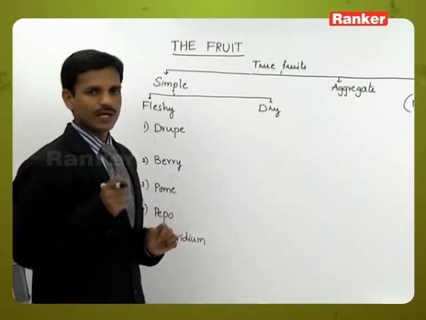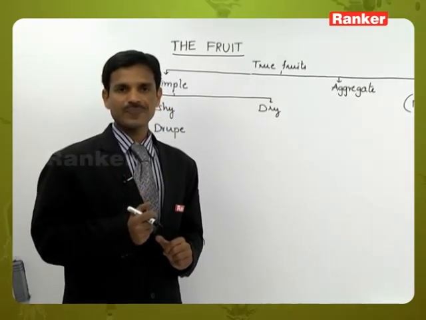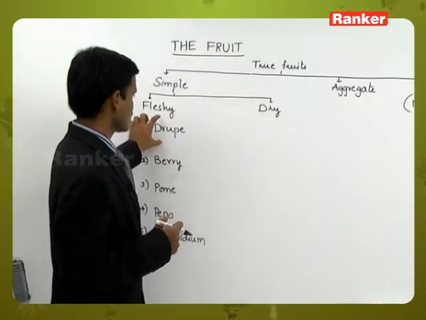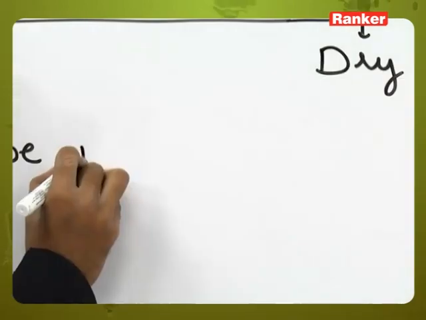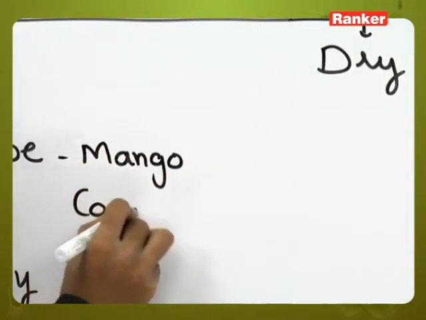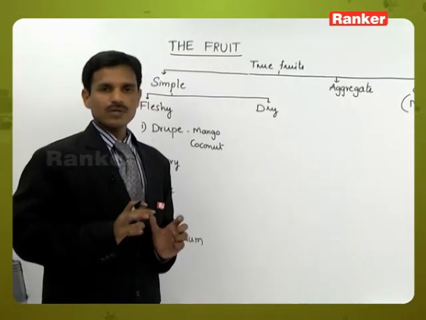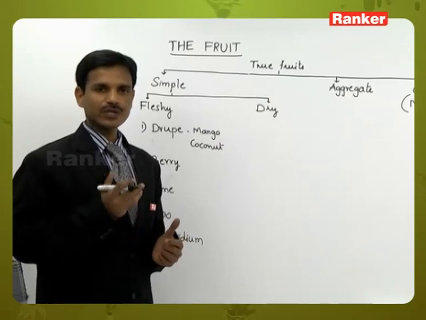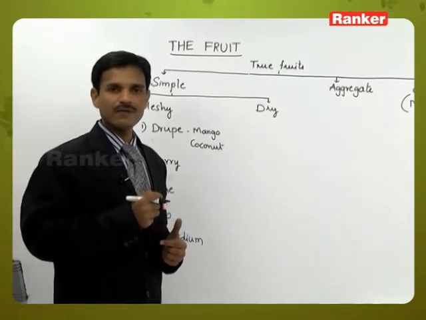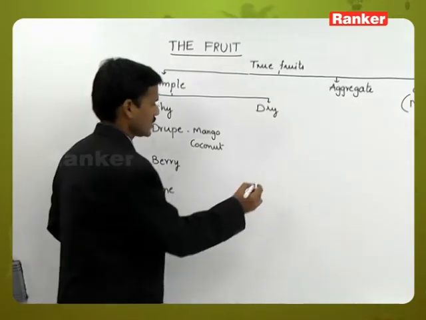Drupe generally develops from a monocarpellary ovary and is single seeded, only one seed is present. Examples for drupe: mango and coconut. You know mango, in the mango the fruit wall is differentiated into three layers: outer skin epicarp, middle fleshy mesocarp and inner stony endocarp.